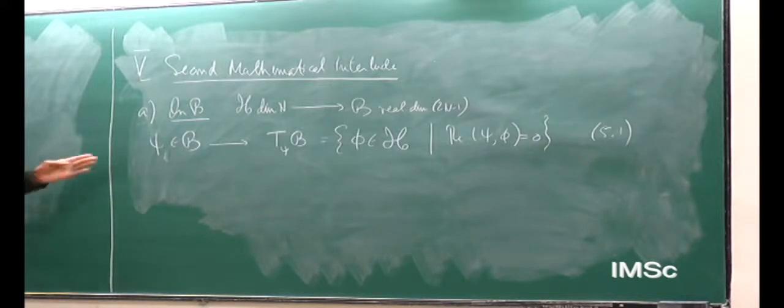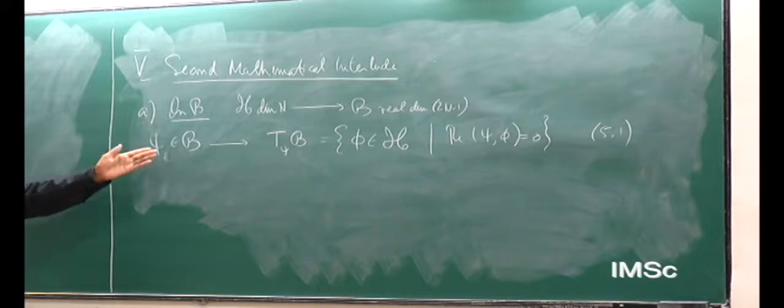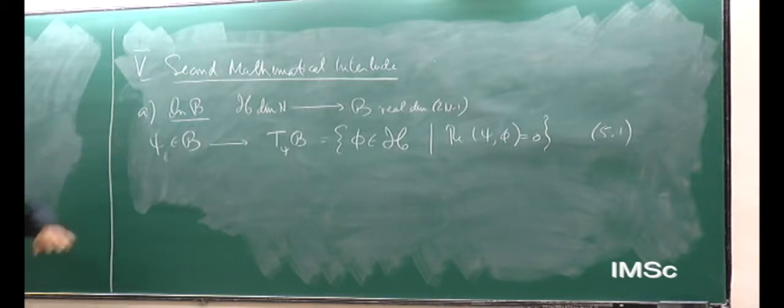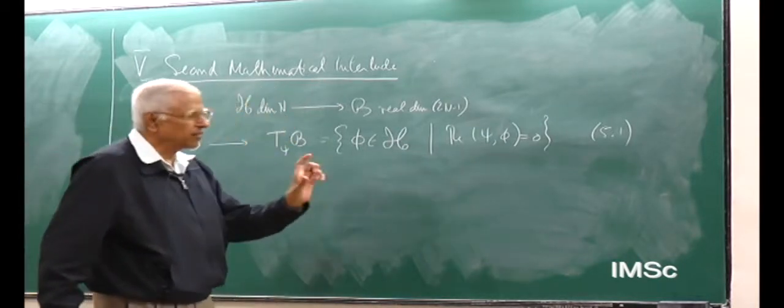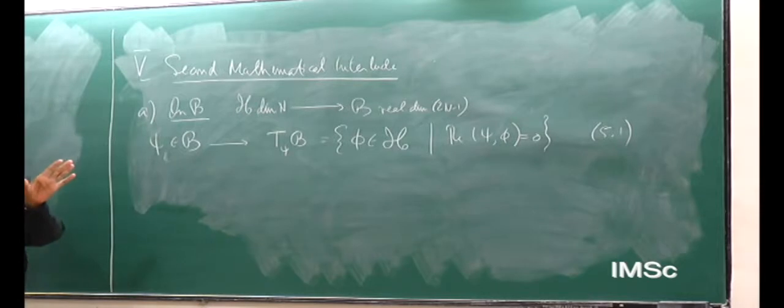Any parameterized curve, psi of s, lying in B, passing through psi at s equal to 0, has to be a unit vector. So you take the condition of unit norm of psi, differentiate it with respect to s and put s equal to 0. Then you will find, if the tangent to psi of s is phi, the real part of this inner product is 0. So remember, in this expression, psi and phi are not on the same footing.